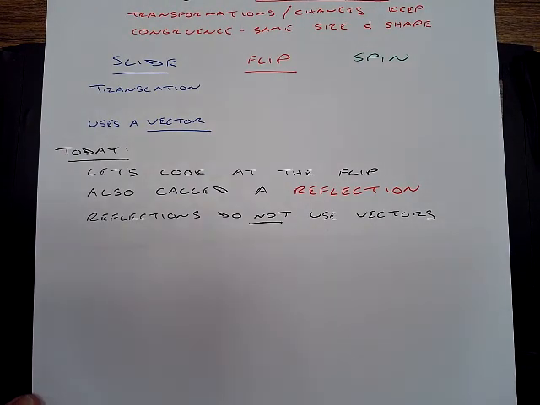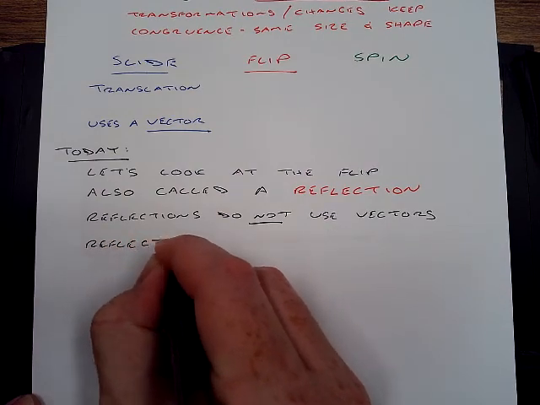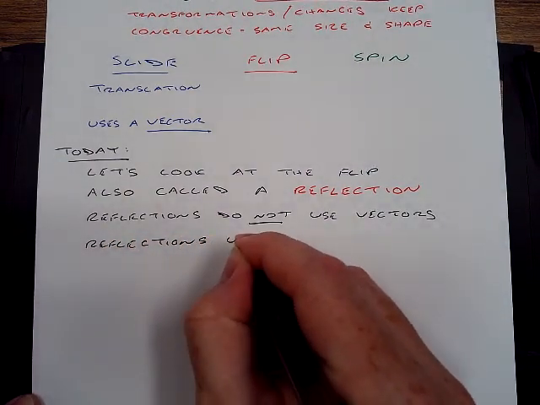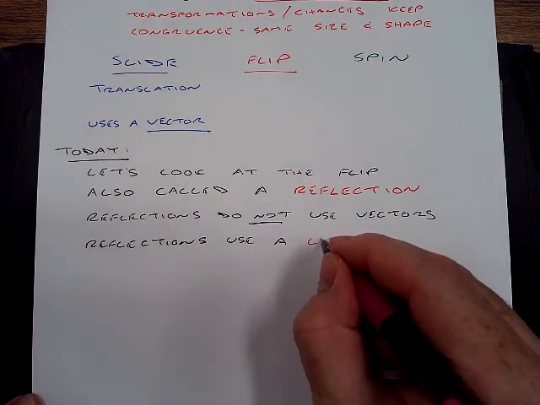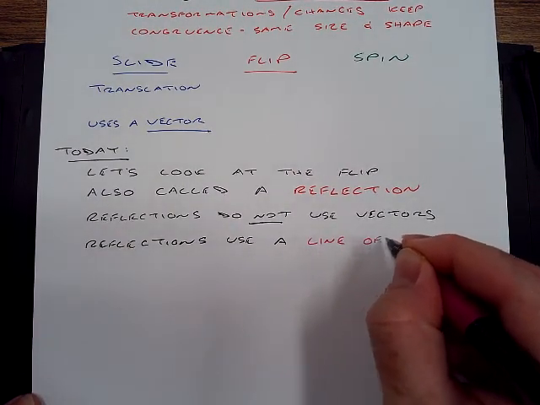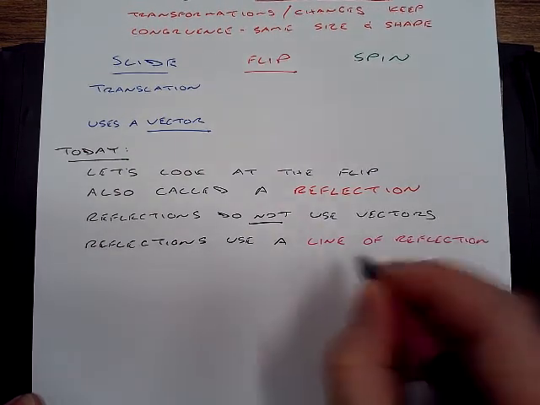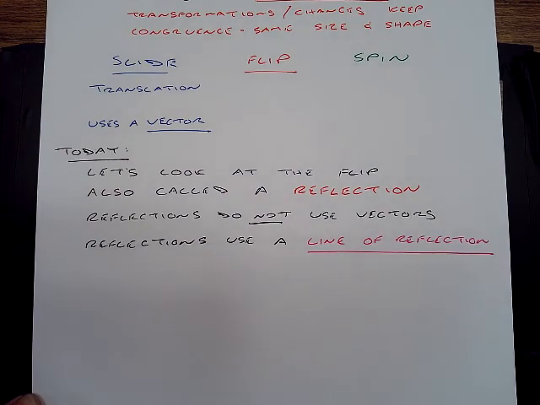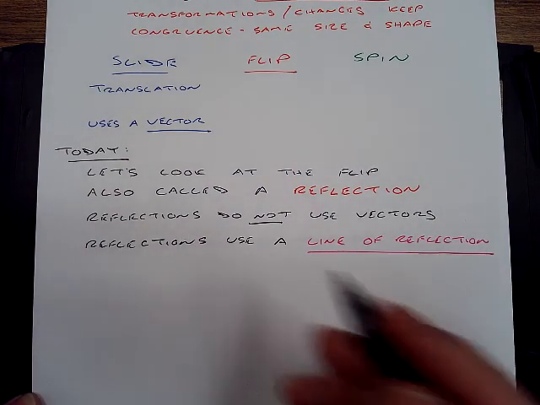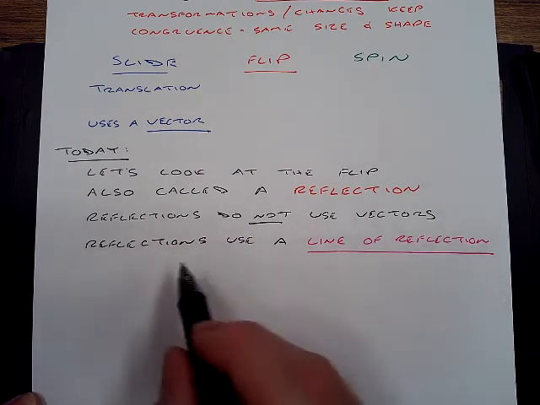Reflections use something called a line of reflection. That's the vocabulary word for today, a line of reflection. This line of reflection is what the figure flips over.